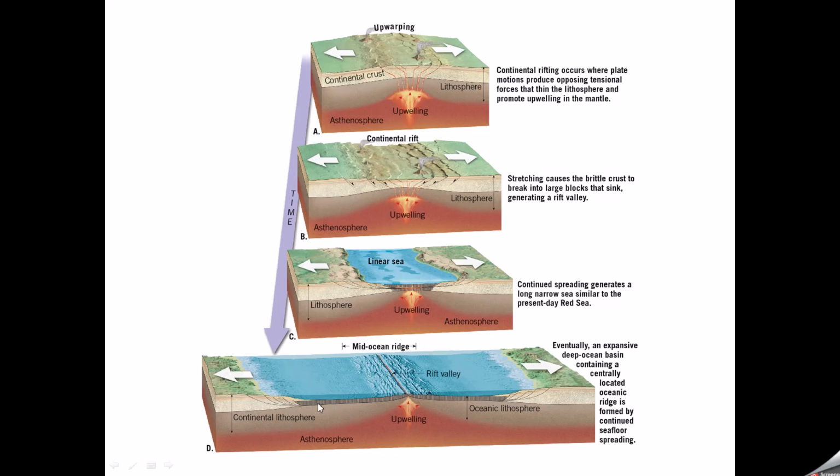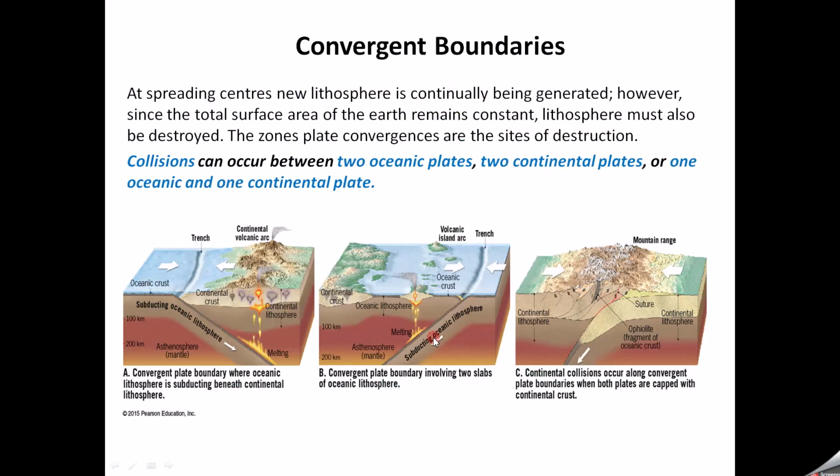But at some stage, one of the sides of this ocean will break, or both sides will break, and create subduction zones. And this leads us to the convergent boundaries. These convergent boundaries could be oceanic with continental, which creates a trench and a continental volcanic arc, and the old part of the oceanic crust will be destroyed.